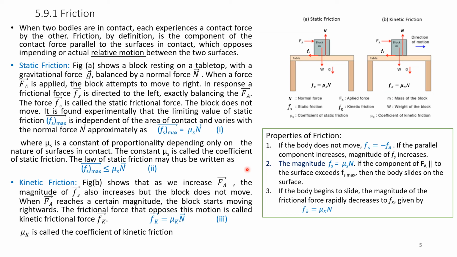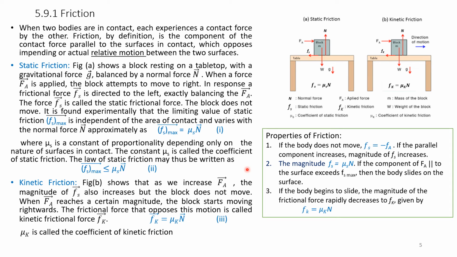If that parallel component increases, the magnitude of Fs also increases. Property number 2. The magnitude of Fs has a maximum value Fs maximum that is given by the relationship Fs max is equal to mu s into N. If the component of F that is parallel to the surface exceeds Fs max, the body slides on the surface.